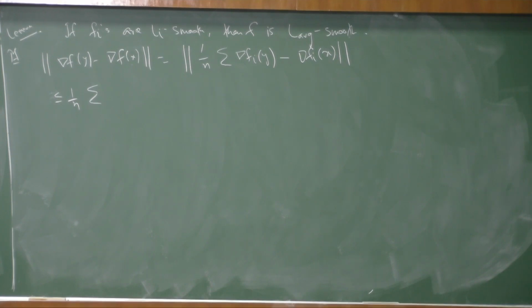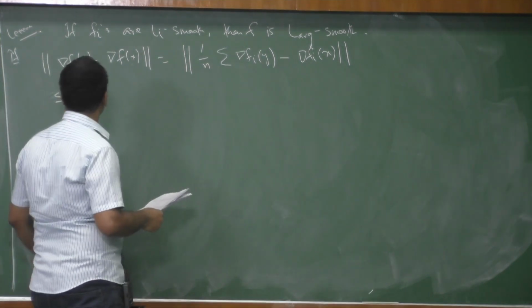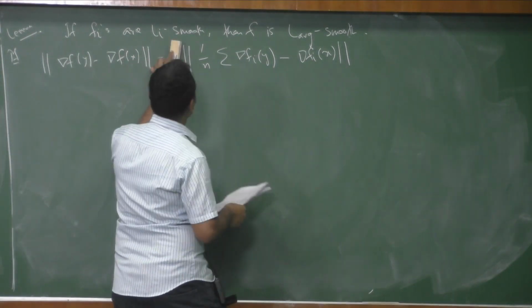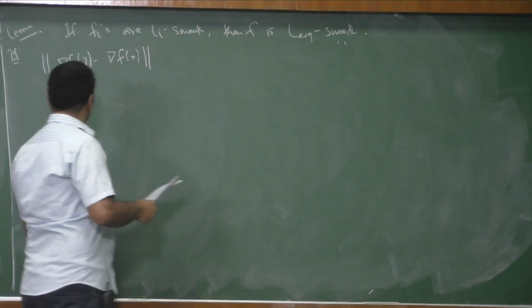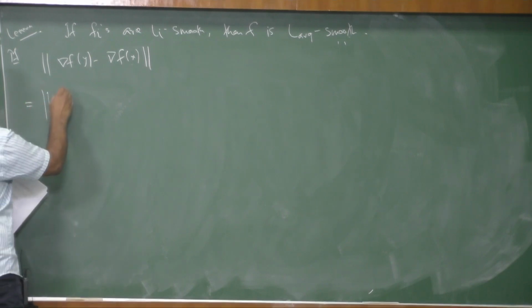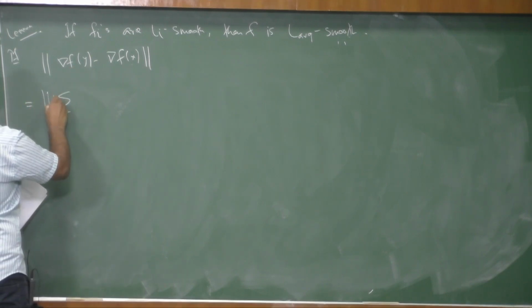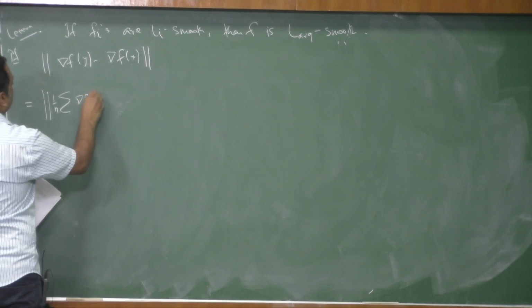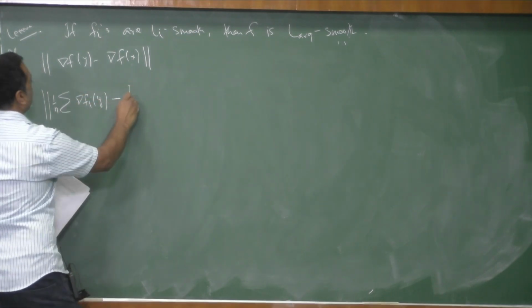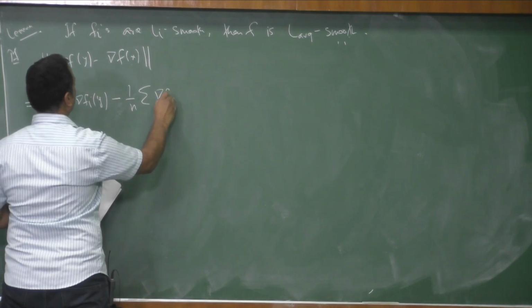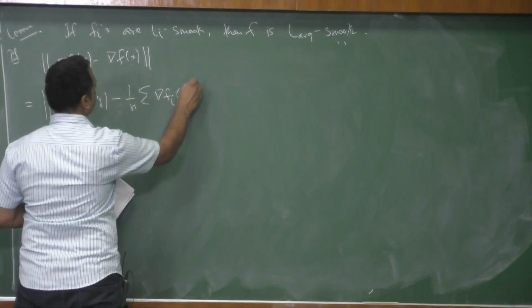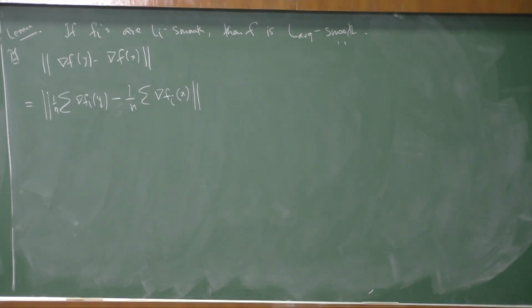So if I write this as a first step, by definition each of these is a sum: 1 by n grad fi(y) minus 1 by n grad fi(x). So f(y) is a sum, and f(x) is a sum.